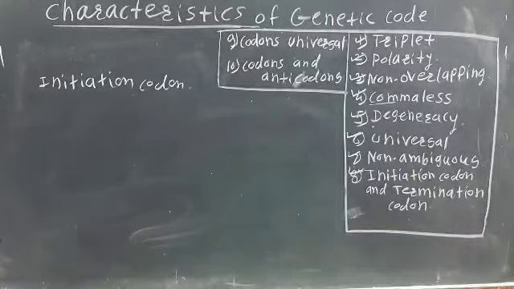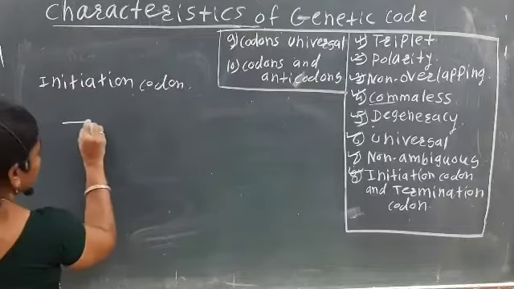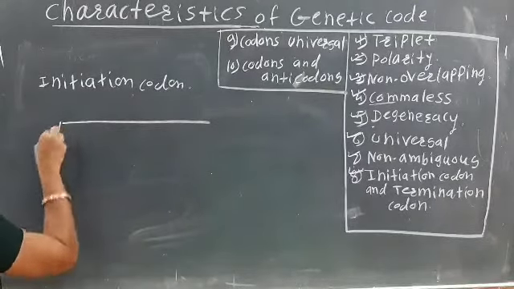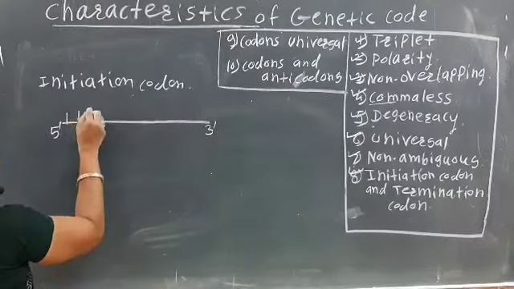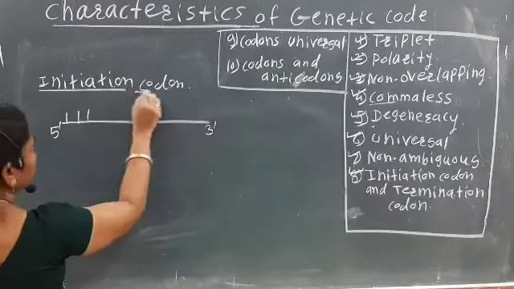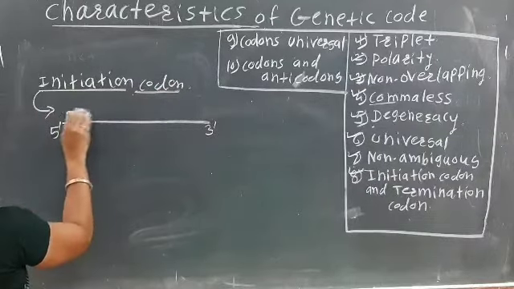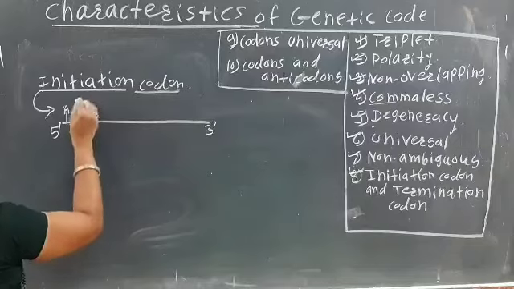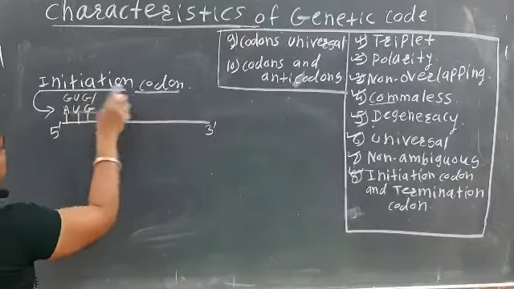So see, if we see the mRNA, here is the 5 prime end, and here is the 3 prime end. So at the 5 prime end there are the initiation codons, and these initiation codons which are present at the 5 prime end, they are the AUG or GUG. These are the initiation codons.